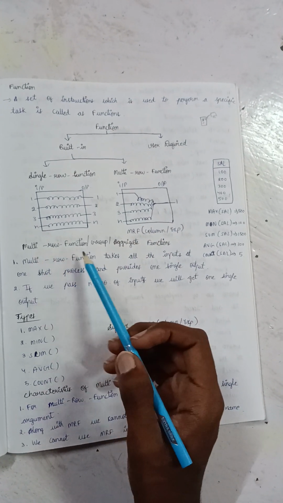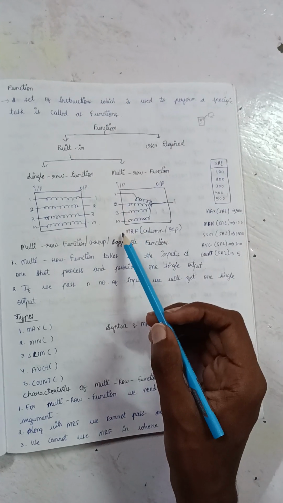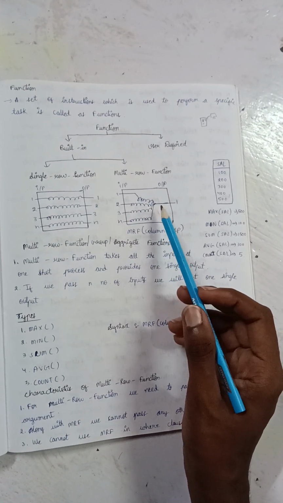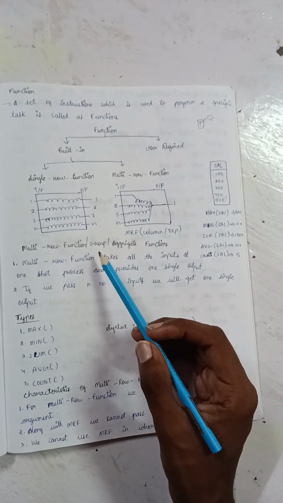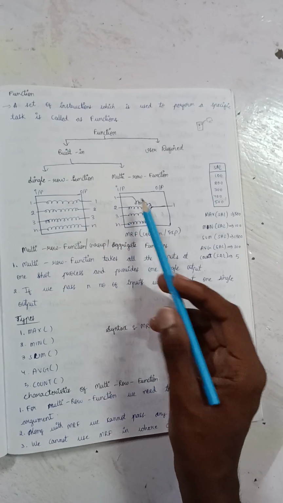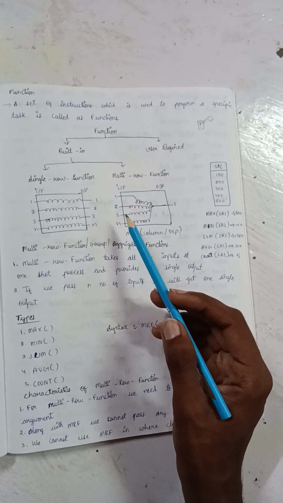So a multi-row function takes a group of inputs and gives only one output. It is not by row, it is a group of inputs.